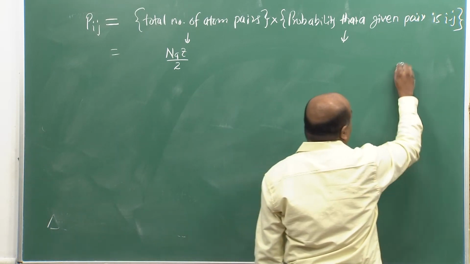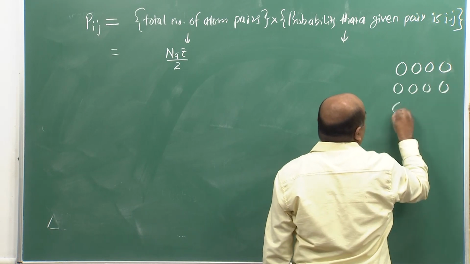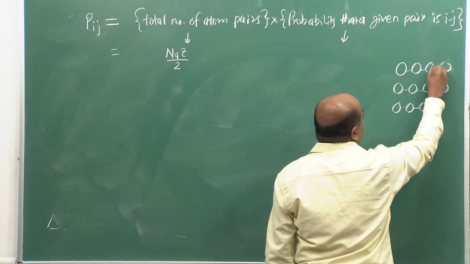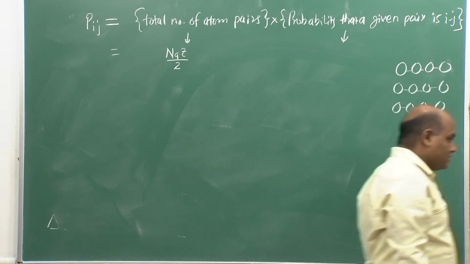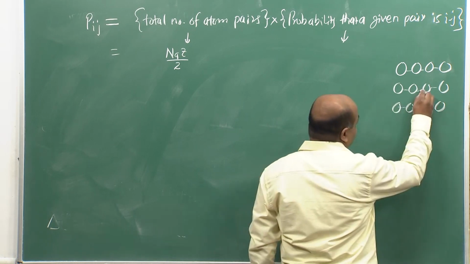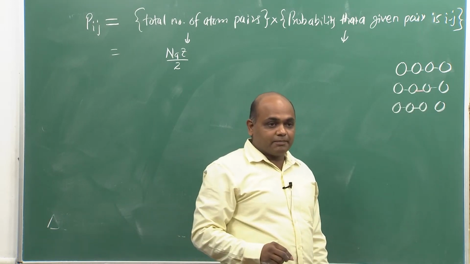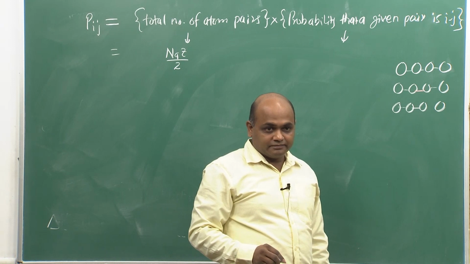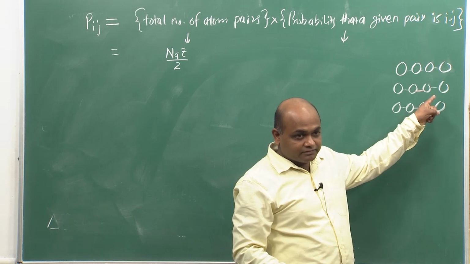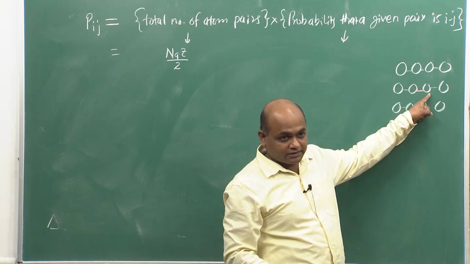So, if we have a crystal structure with given number of atom pairs, what is the probability that a selected pair, let us say this one, is an Ij pair? So, how do we select the pair? We select the first atom and then the next nearest neighbor, right.